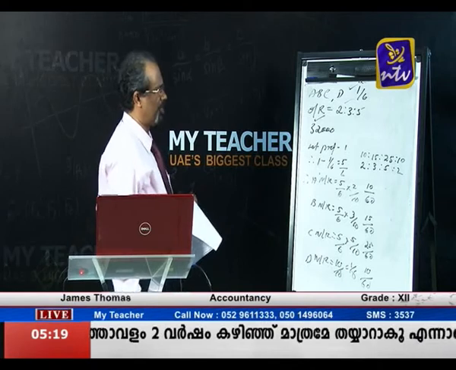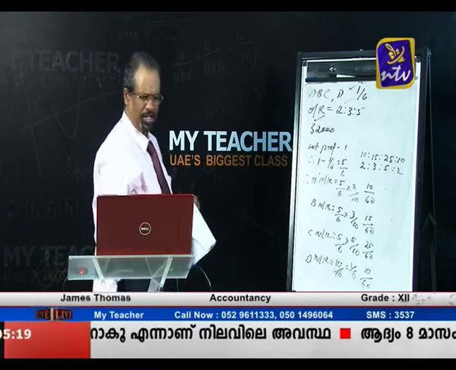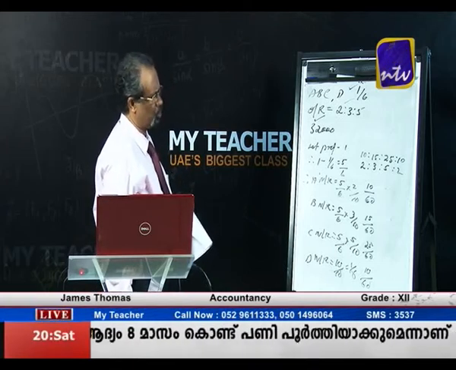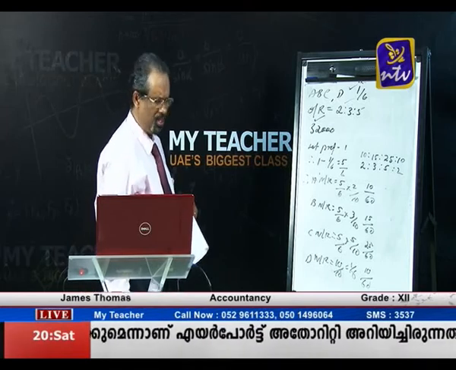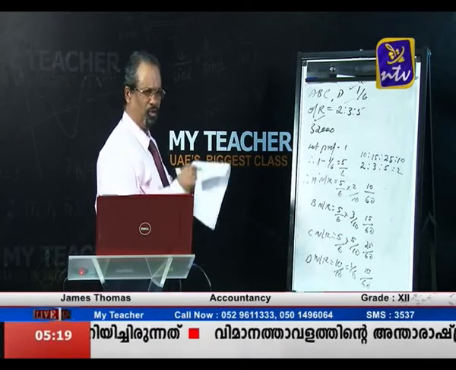So the ratio will be 10:15:25:10. So we can reduce by 5. That means the new ratio is equal to 2:3:5:2.